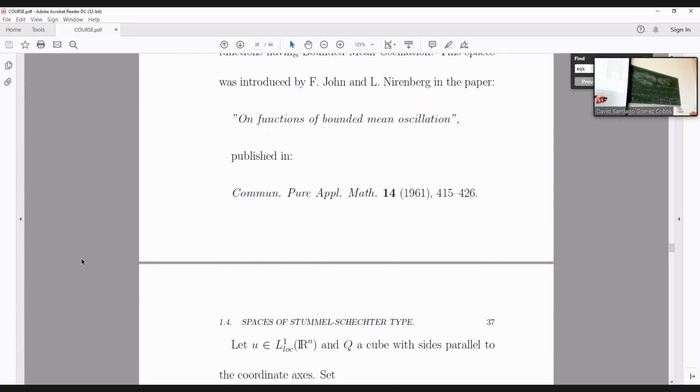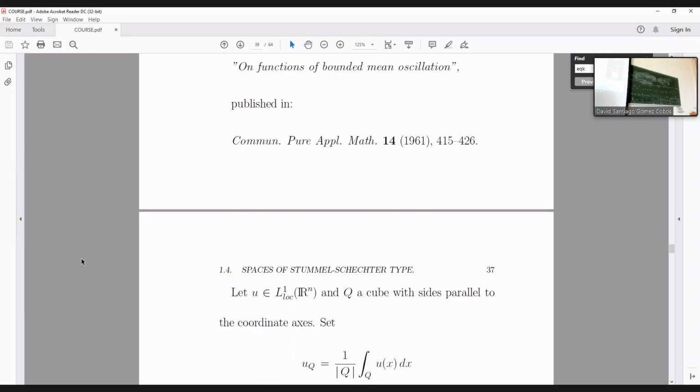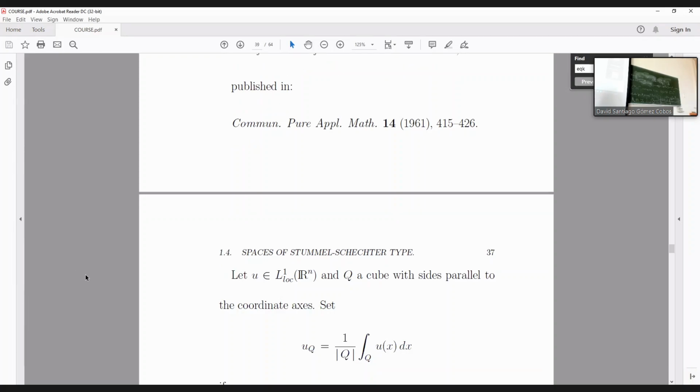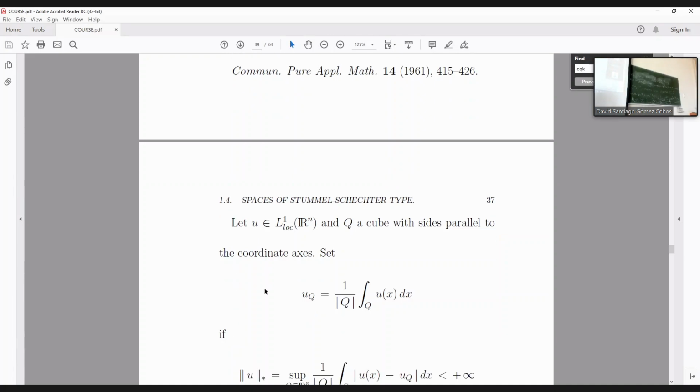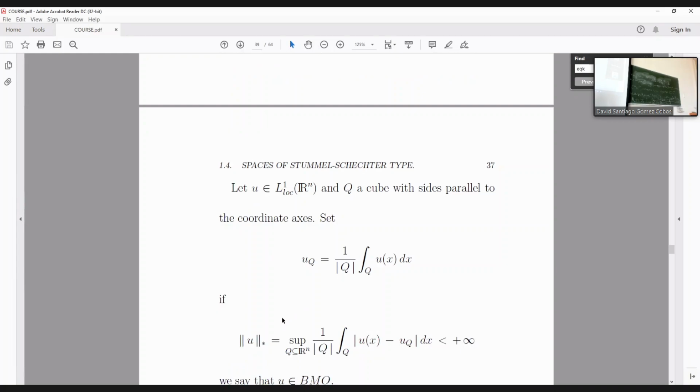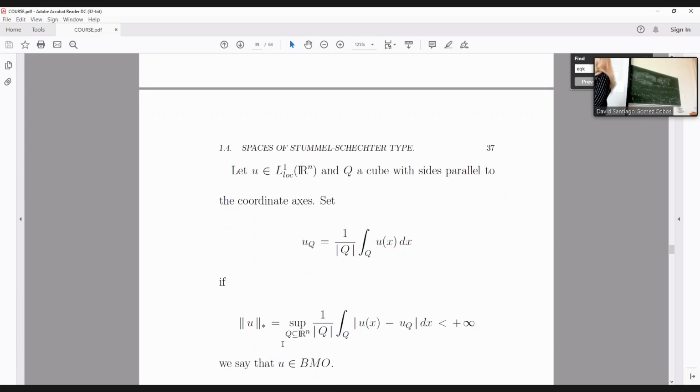Let us now define it. Let us consider u a locally summable function and Q a cube with sides parallel to the coordinate axes. Let us set u_Q as the mean integral of u in Q, and define u star as the supremum over Q contained in R^n of 1 over the measure of Q, the integral in Q of |u(x) minus this mean integral|.